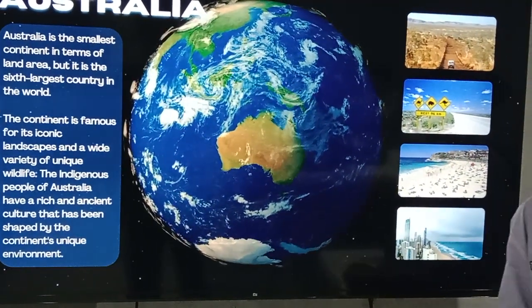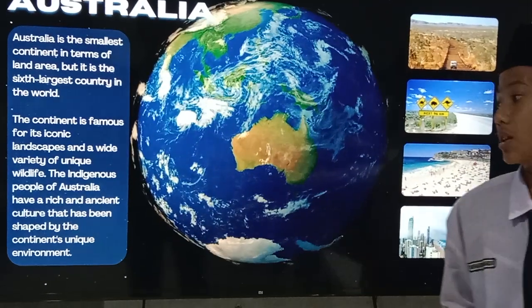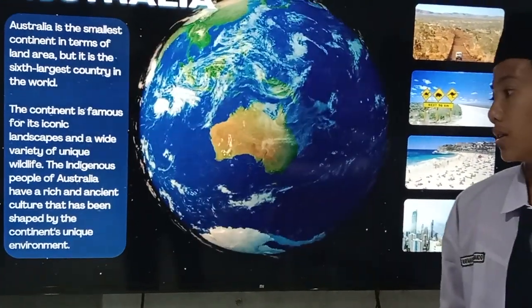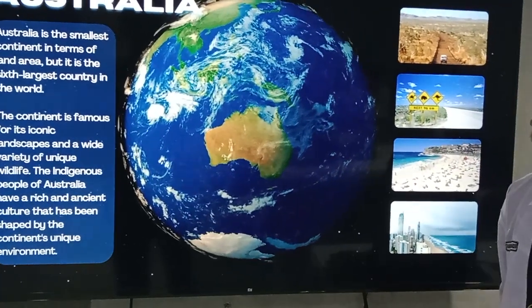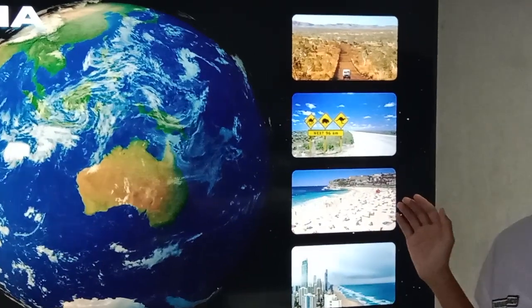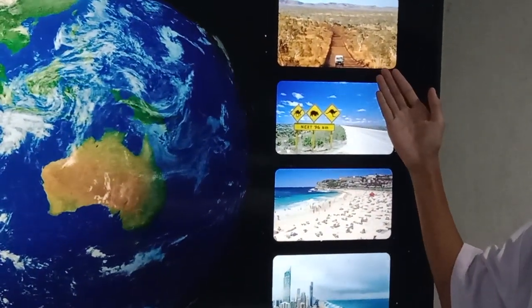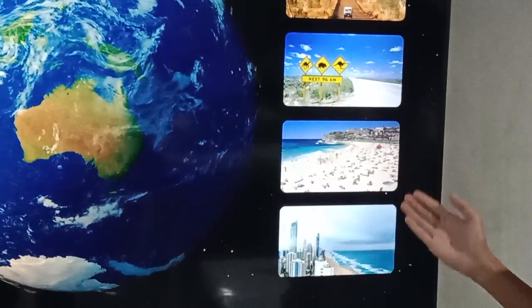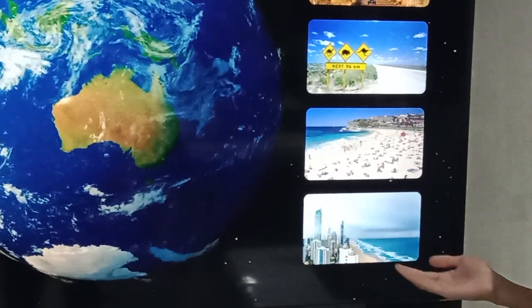The indigenous people of Australia have a rich and ancient culture that has been shaped by the continent's unique environment. You can see over here, there are so many environments of Australia: the desert, beach, and a town.